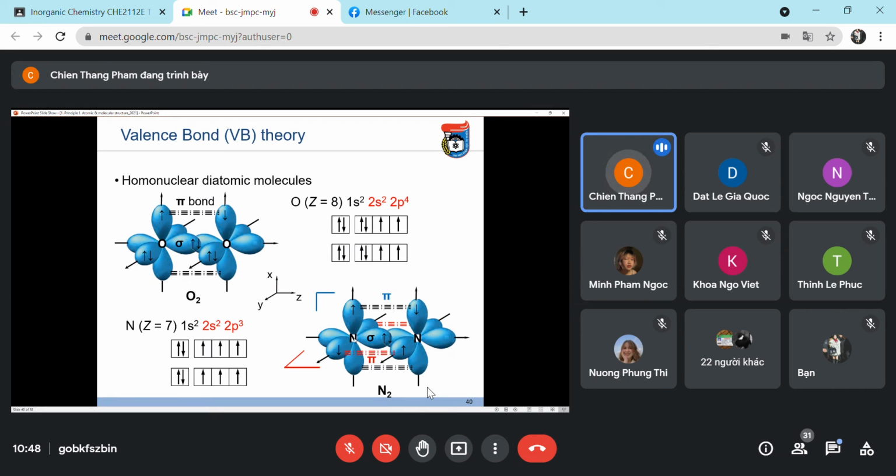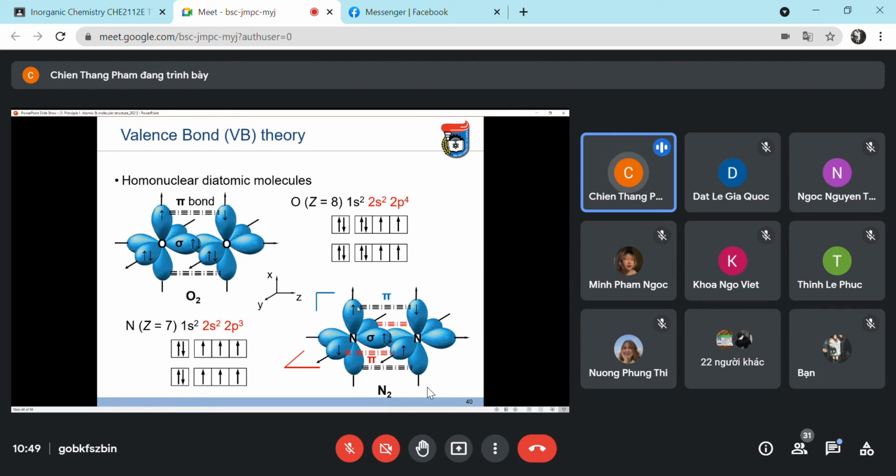The first one is also the sigma overlap, or sigma bond formation. And the remaining two p electrons, which are perpendicular to the pz orbitals here, can overlap to produce two pi bonds. So between the nitrogen atoms there is a triple bond: one of them is the sigma bond, and the remaining two bonds are pi bonds.